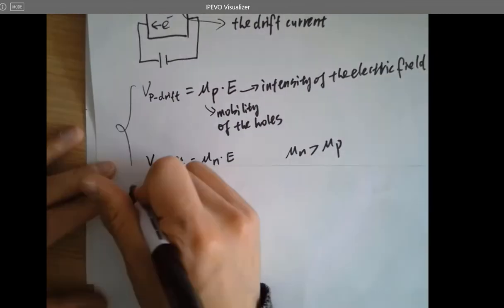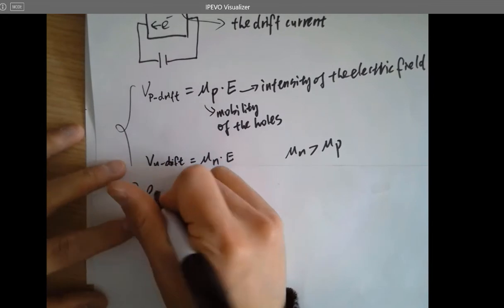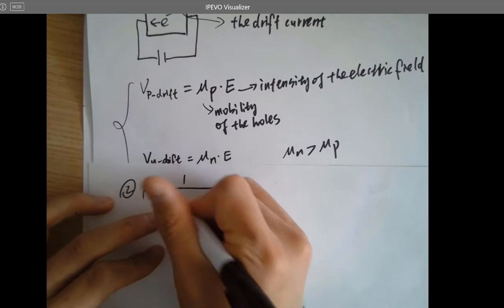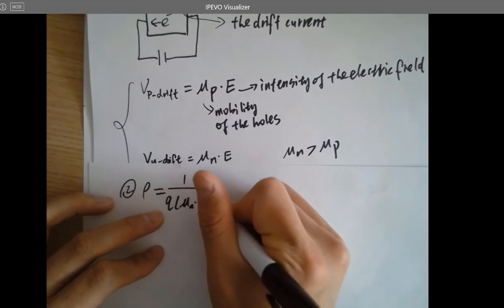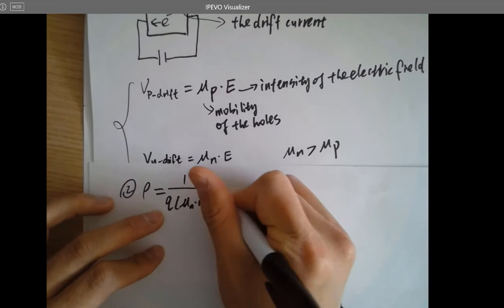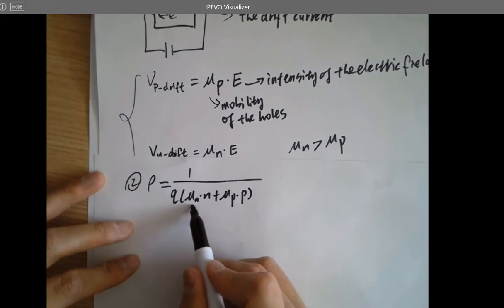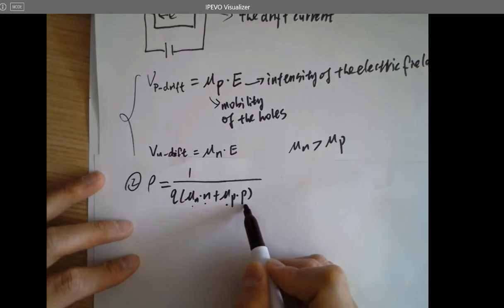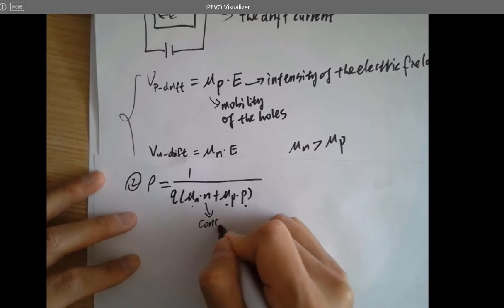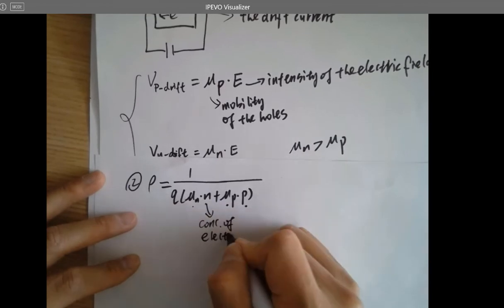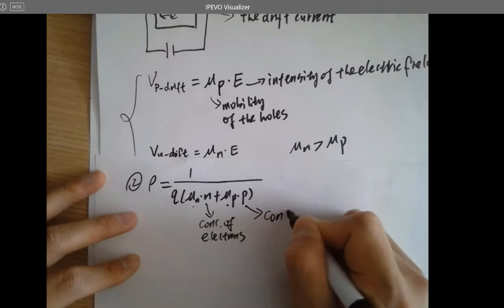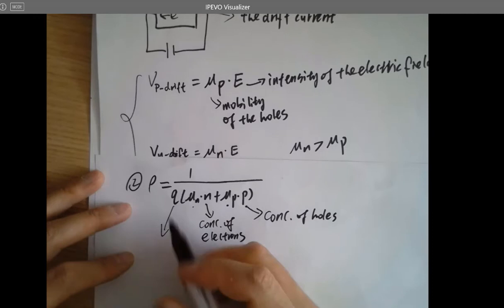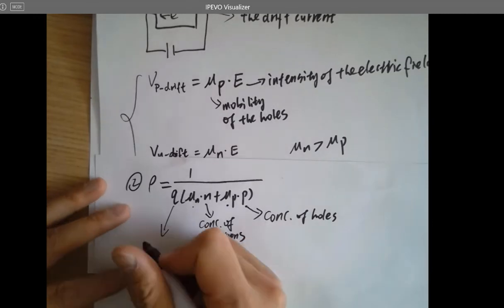And next, resistivity of the piece of silicon equals 1 over Q times (mu n times n plus mu p times p). So this is the mobility of the electrons, concentration of the electrons, mobility of the holes, concentration of the holes. And this is the magnitude of electron charge.